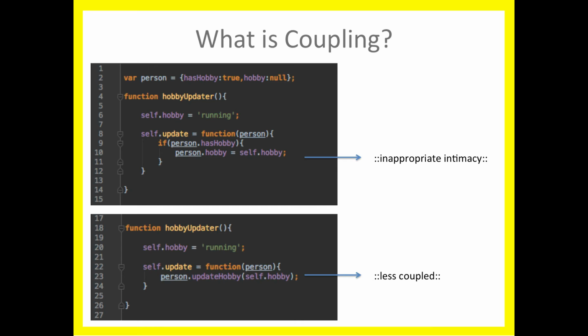So with less coupling through the function, you're reducing the chance that a change to the hobby updater will need to change the person, and likewise. You've reduced the dependency between the two modules by making the interface between them simpler and hiding the person's data structure from the hobby updater.